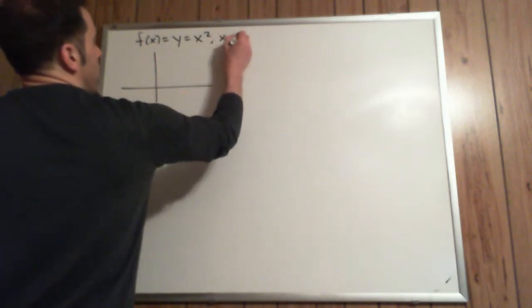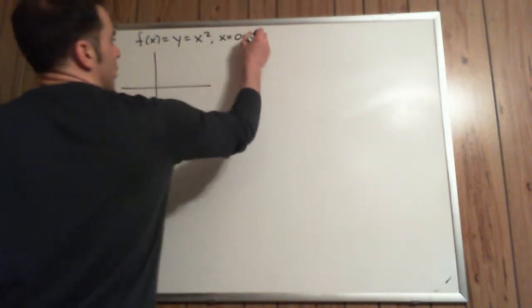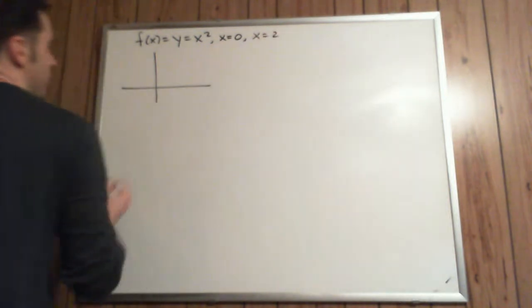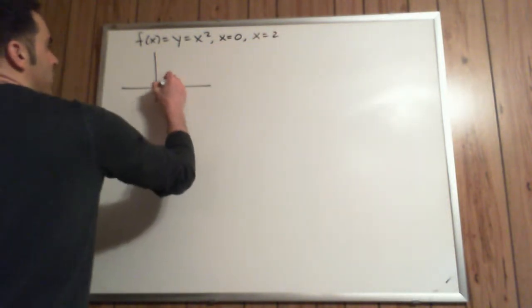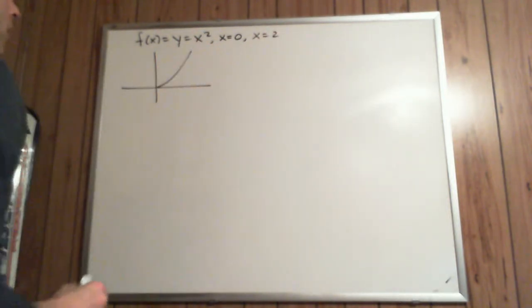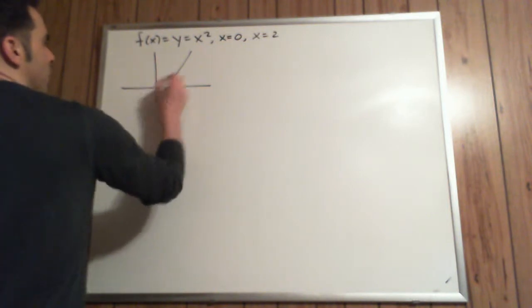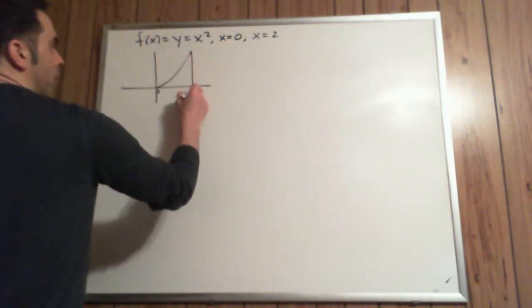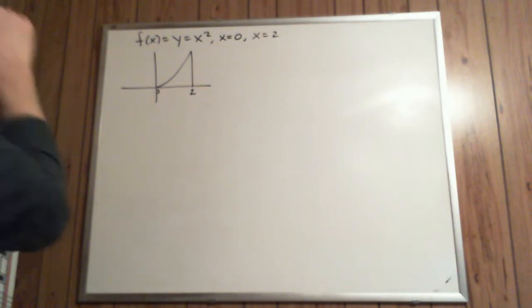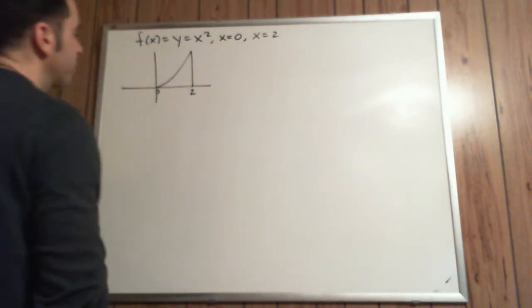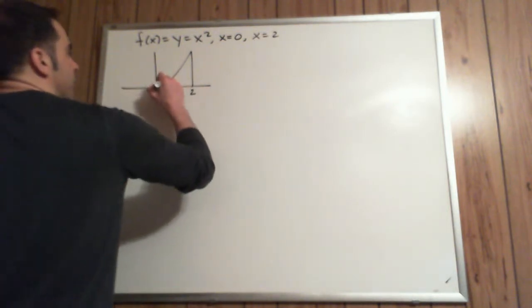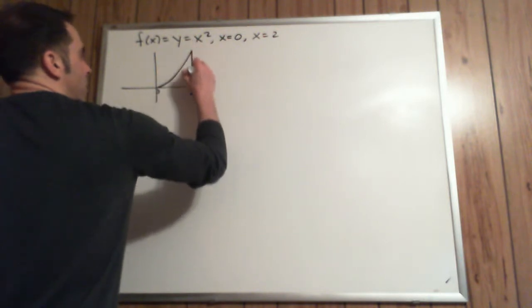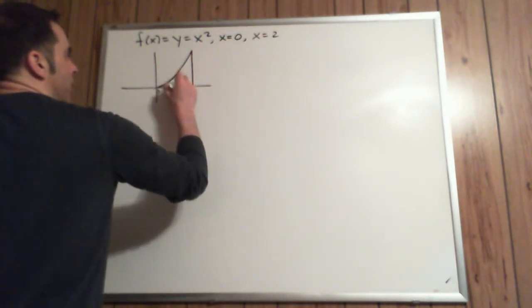So our limits of integration would be from x equals 0 to x equals 2. So this is y equals x squared in the first quadrant, say from 0 to 2. There it is. And we're bounded by, of course, the x-axis here. So this is our area, and we would typically draw a rectangle like this.